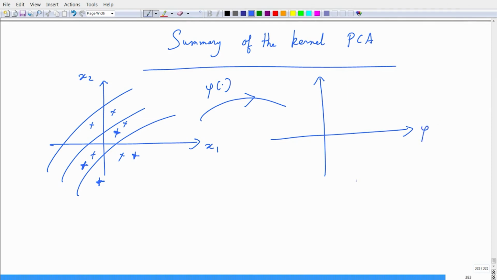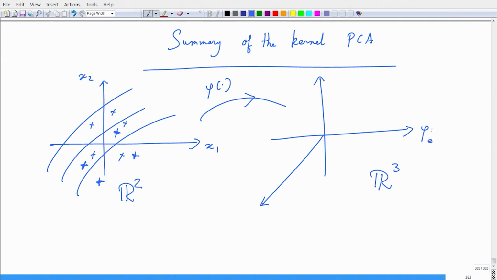I may have this is a 2-dimensional space and this is a 3-dimensional space, and I can form my eigenbasis.